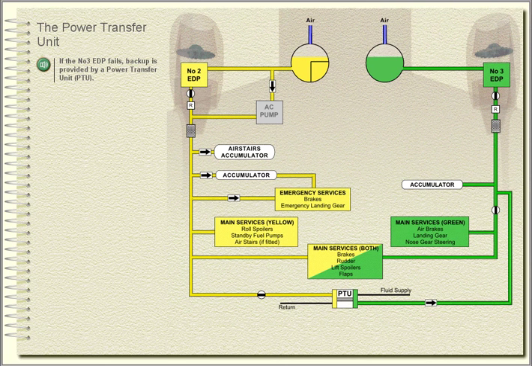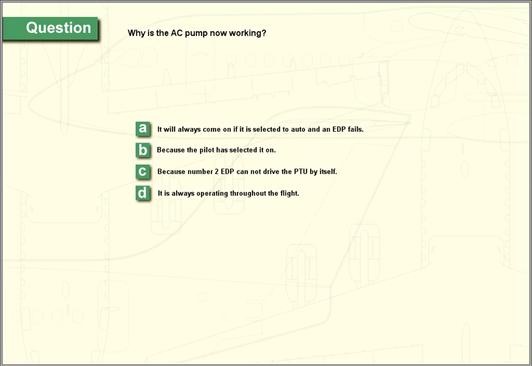The power transfer unit. If the number 3 EDP fails, backup is provided by a power transfer unit. Why is the AC pump now working?